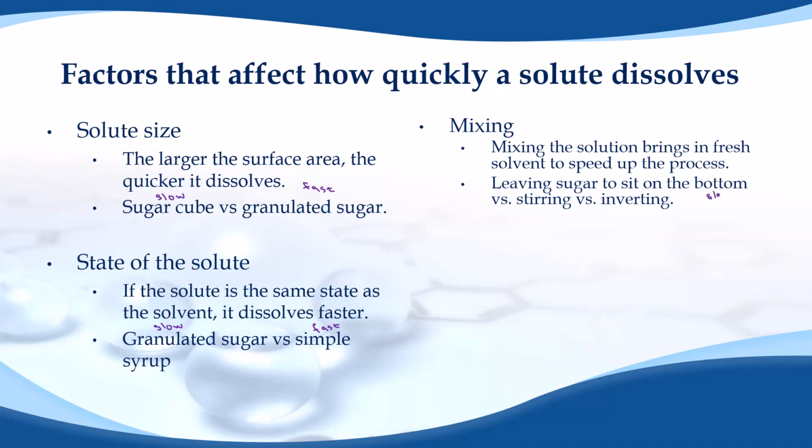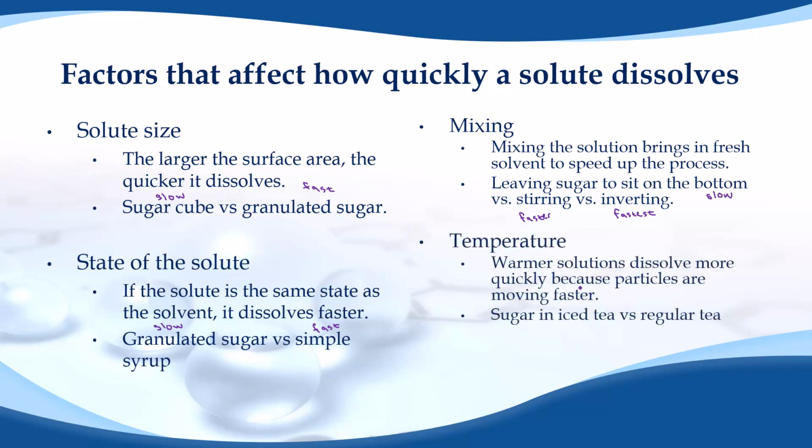So again, if we have our sugar in tea, if I just poured a spoonful of sugar in and let it sit on the bottom and dissolve, it would probably dissolve over the course of like an hour or so. If I stirred it, it would dissolve over the course of a few seconds. Or inverting. Inverting is actually the fastest way to mix a solute into a solvent because you get it to go through the entire solution. So inverting a few times is actually much more efficient and it will cause your substance to dissolve faster.